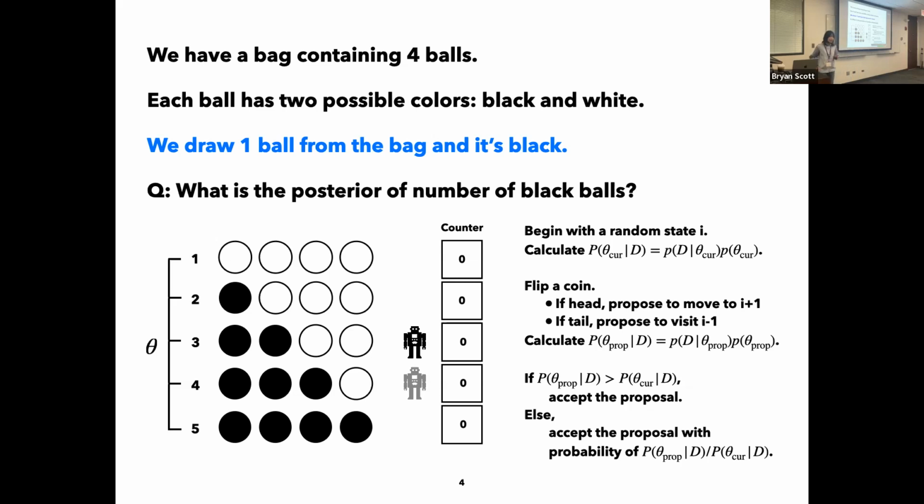On the other hand, if I flip the coin and get tails, the proposed state, instead of being here, is going to be here. We can calculate the posterior again at the new proposed state. That would be 0.2. I compare 0.2 to 0.3.